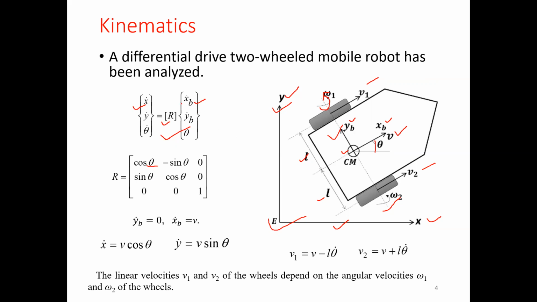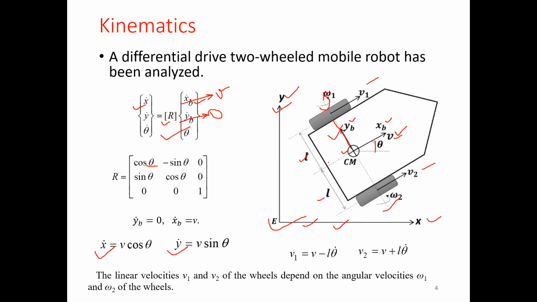The XB velocity in the longitudinal direction is given by V, and we assume that there is no motion along the Y axis, so that velocity is 0. By putting these two values, we get the x velocity and y velocity with respect to the inertial frame.